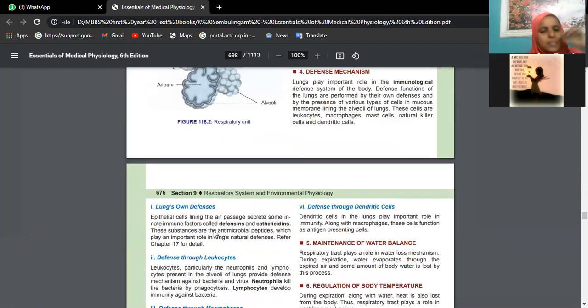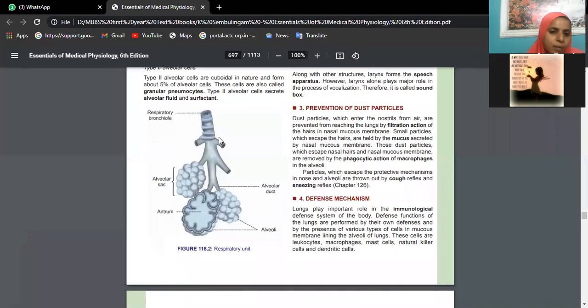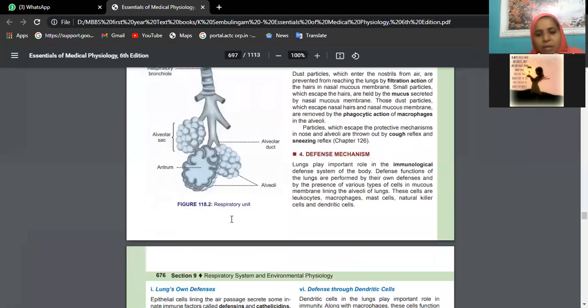Dead space in the sense the part of the respiratory system which is involved only in conduction of gases but not exchange of gases. Okay, in case of a normal person who doesn't have any respiratory disorders, the anatomical dead space and physiological dead space is same, because till respiratory bronchiole we do not have any exchange of gas. Only after respiratory bronchiole you will see the oxygen will be entering into the pulmonary capillary network.